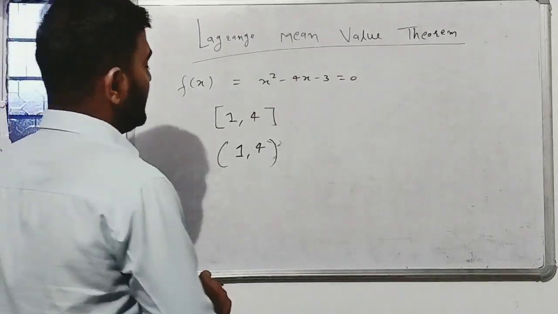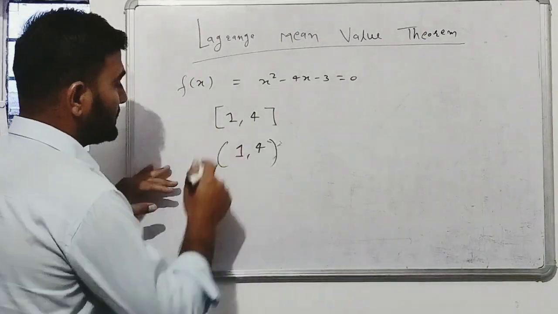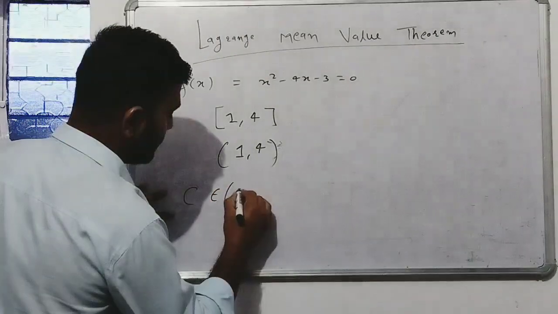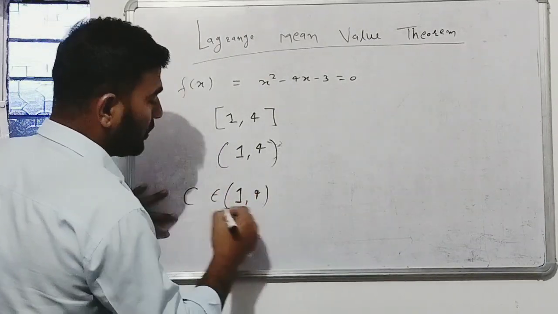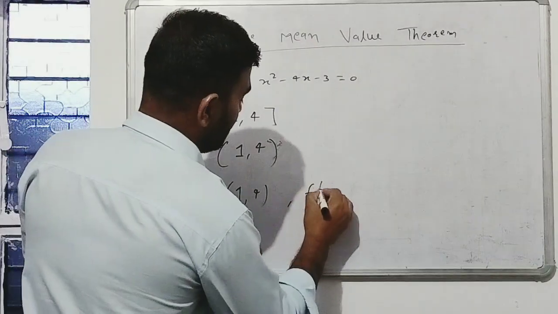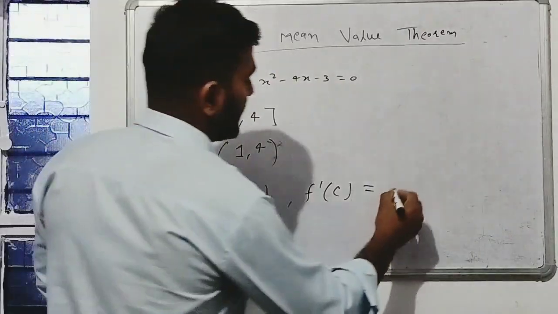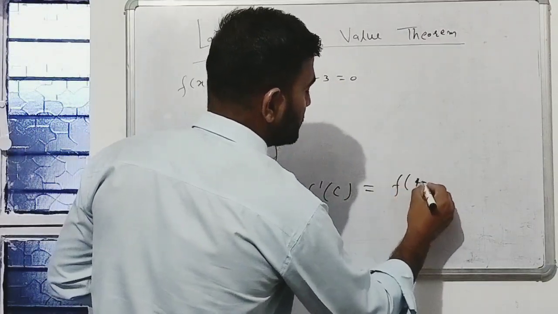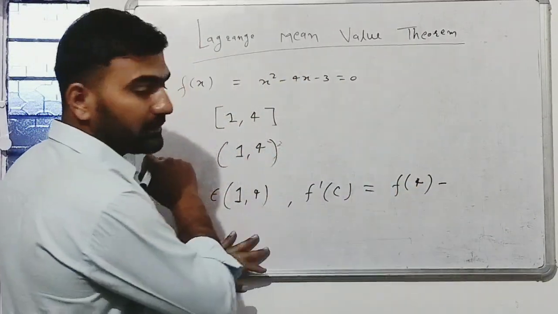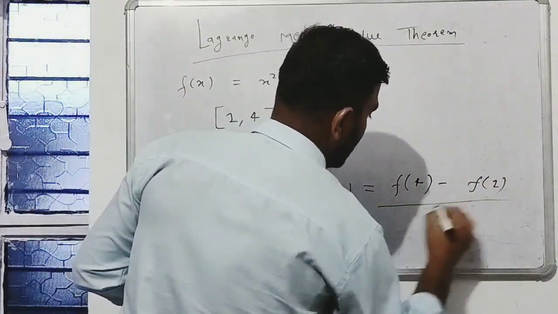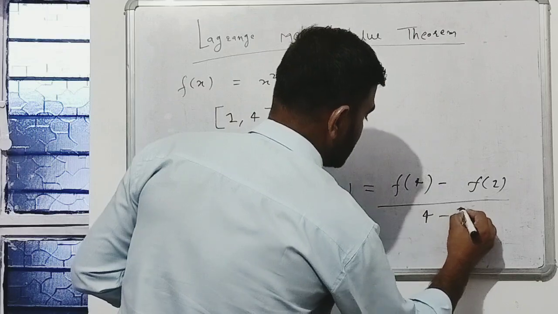If we apply the Lagrange mean value theorem on this, it says that there will be a point c in the open interval 1 to 4 for which f dash c will be equal to f of b, that means f4, minus f of a, that means f1, divided by b minus a.